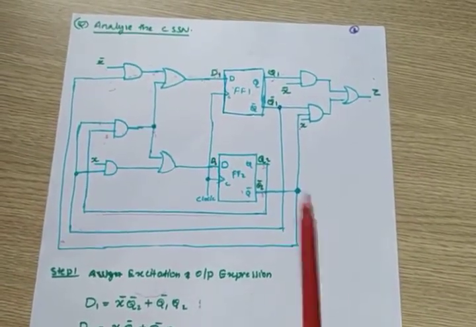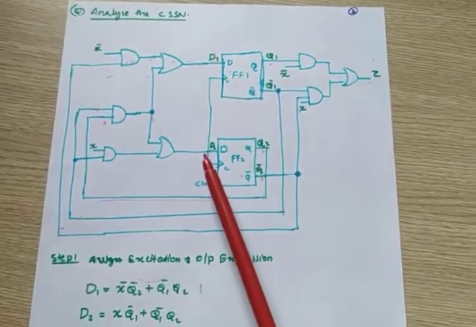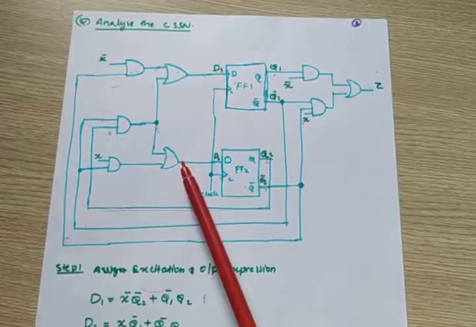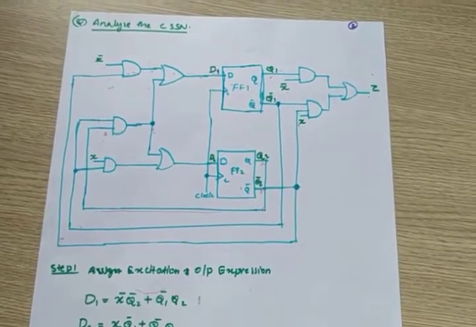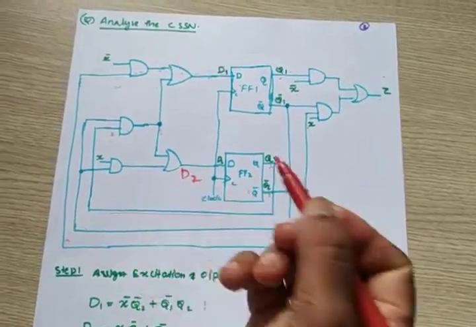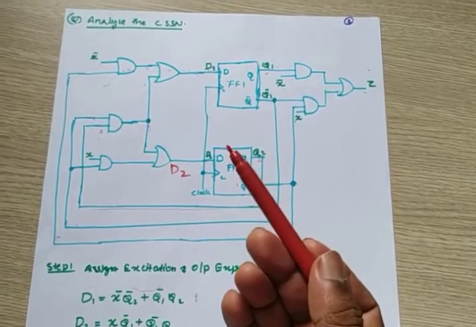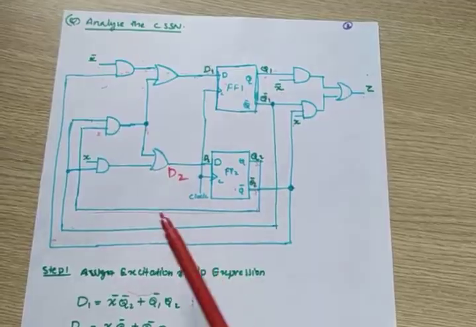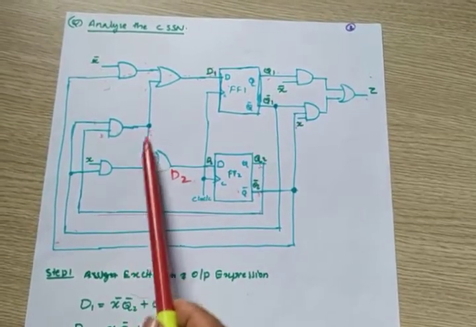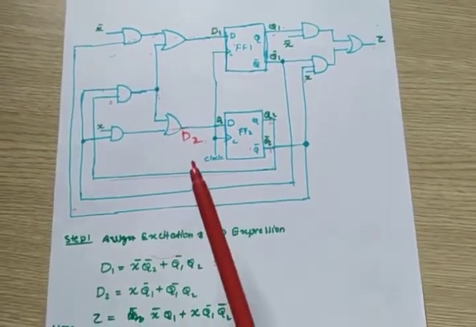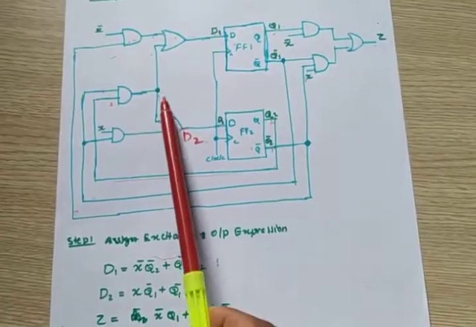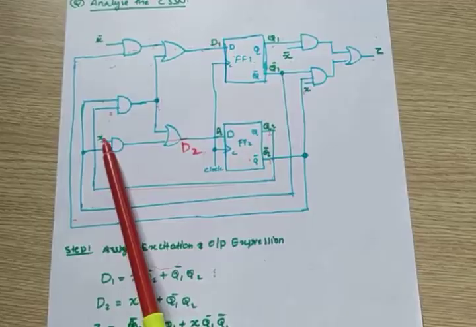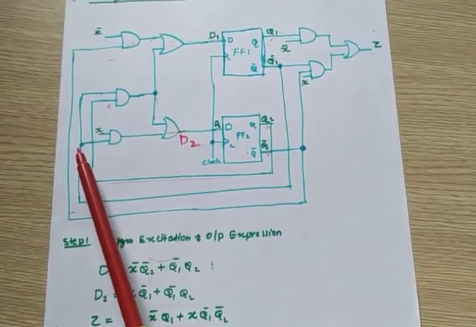You got the idea? Like that you have to write D2. How to write D2? Two inputs. First one is this input, so X into Q1 bar.